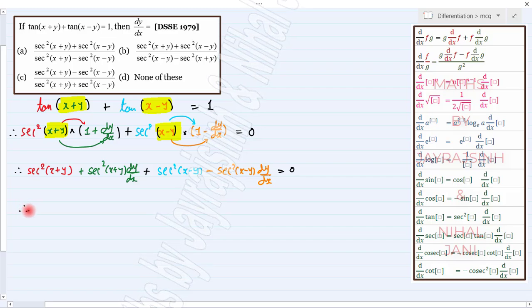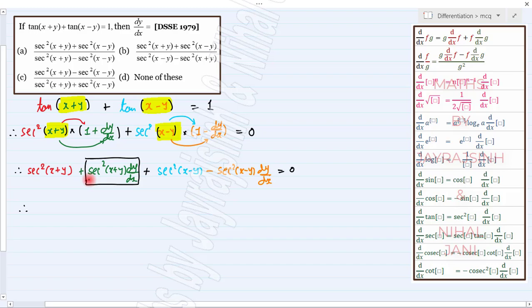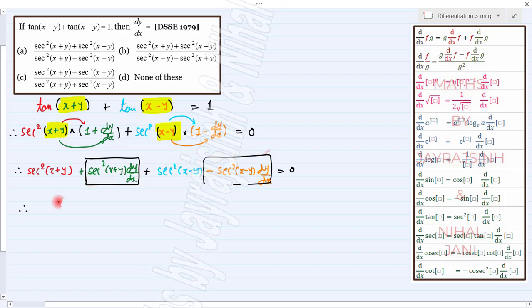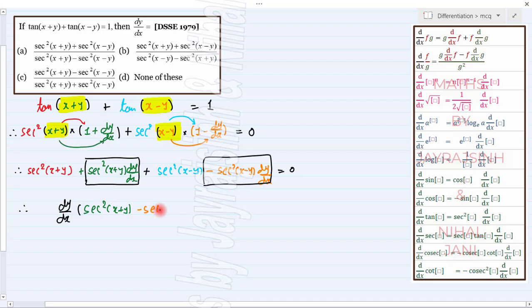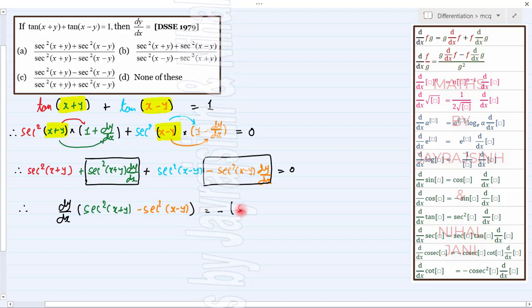Now, our next step is take dy by dx common from these two terms. So we will get dy by dx into (sec square (x plus y) minus sec square (x minus y)), and rest of the terms will move on the right side.